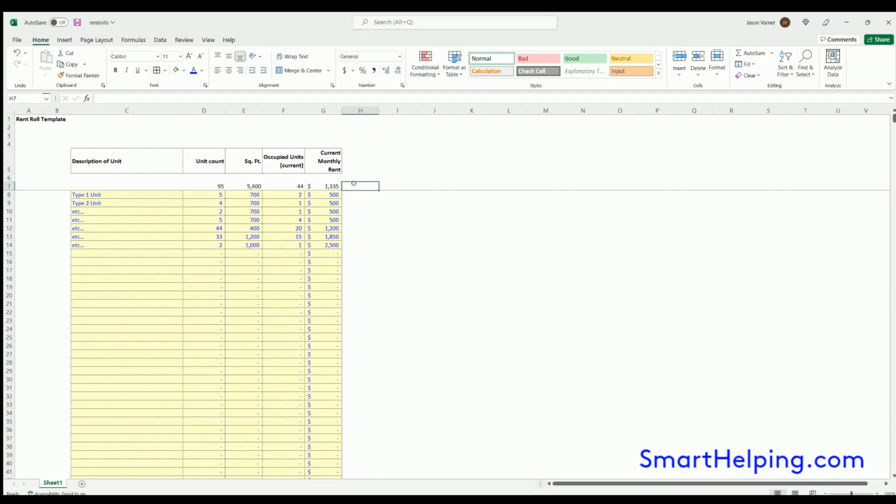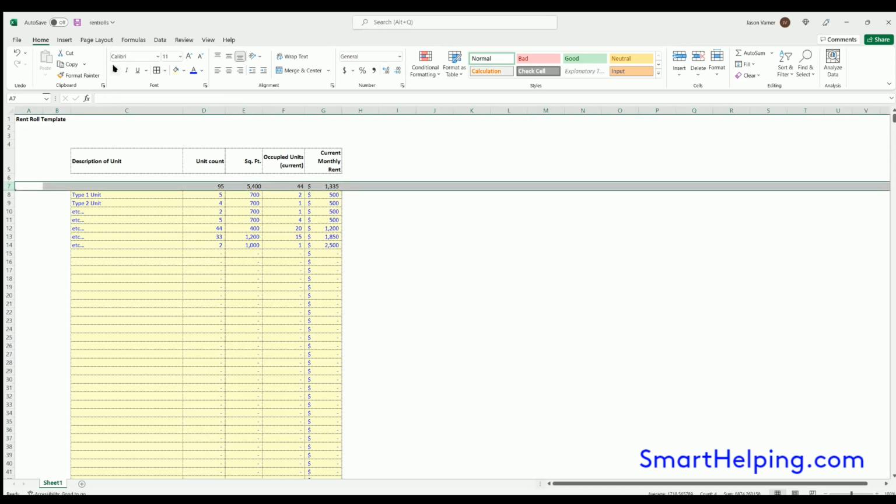So here, I should be able to say this times total units, $126,000 a month. And that should be the same as if I multiply the rent times the current. And this is before occupancy. See, that's the same number, 126,850 if you sum it up. Okay, so we have average monthly rent.